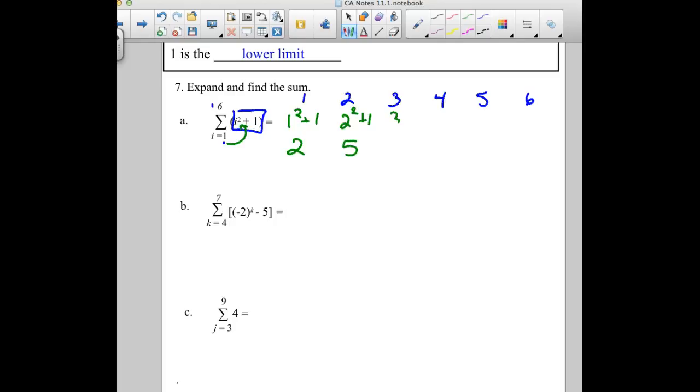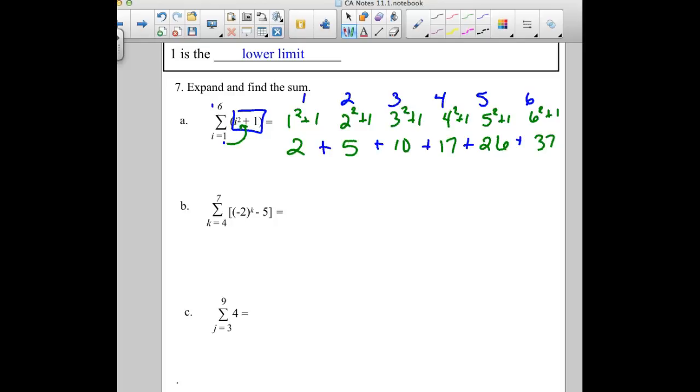Then 3 squared plus 1, which is 10. 4 squared plus 1 is 17. 5 squared plus 1 is 26. 6 squared plus 1 is 37. And the sigma notation tells me I really want to add all these numbers up.